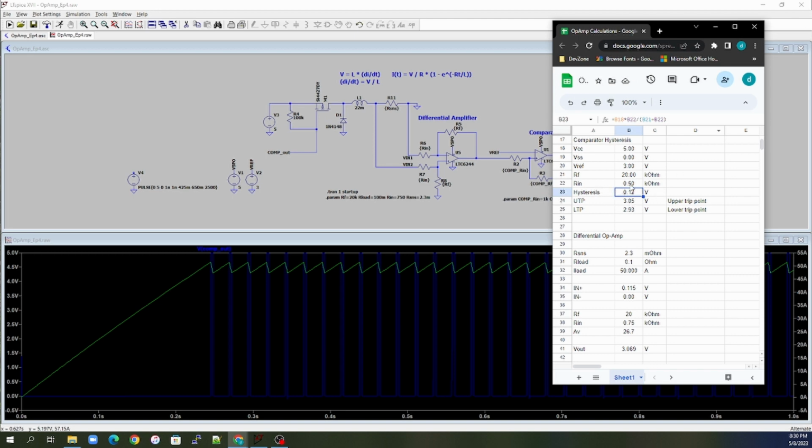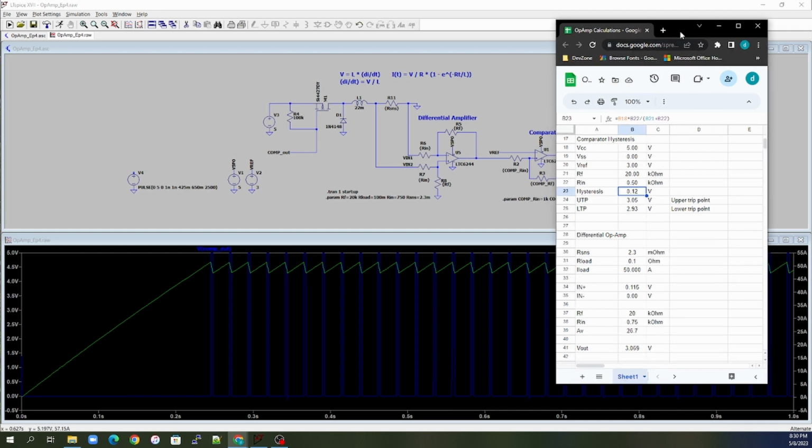We can see that if we change that input resistor to 500 ohms, then our hysteresis becomes 120 millivolts instead of 240 millivolts, which tightens up our upper and lower trip points.